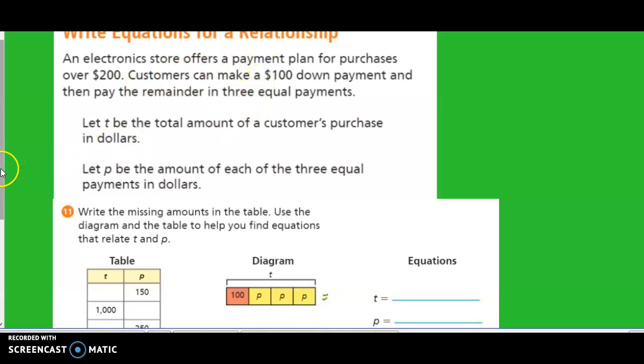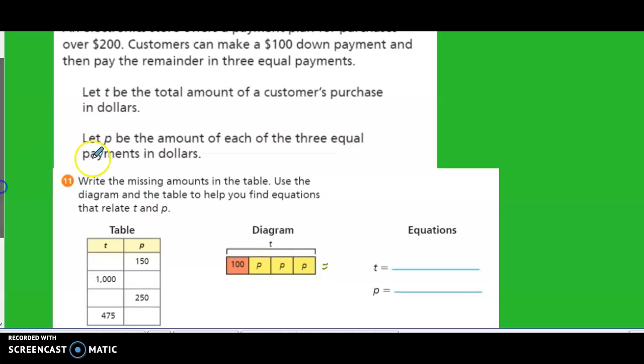Now, depending on the electronics that you're purchasing, those 3 equal payments could change. Maybe you're buying a smartphone or a computer, which are different prices, but they require a $100 deposit. That's a constant. That price isn't going to change. So that's how it shows up here.